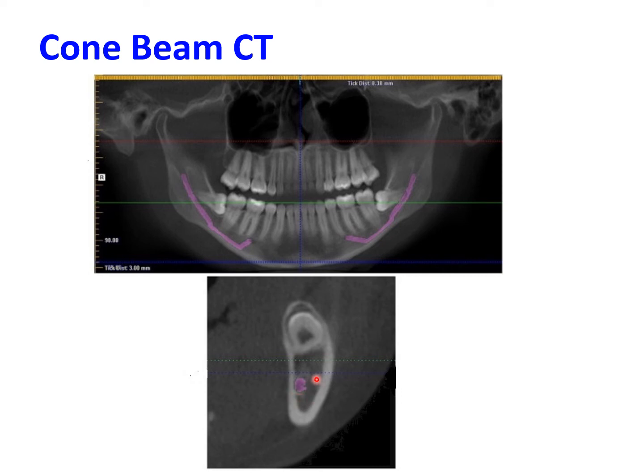and the inferior alveolar nerve, you can see the relationship, and on this occasion it is clear that the inferior alveolar nerve is lingual to the root apex of the mandibular third molar, and also it is inferior to the root apex.